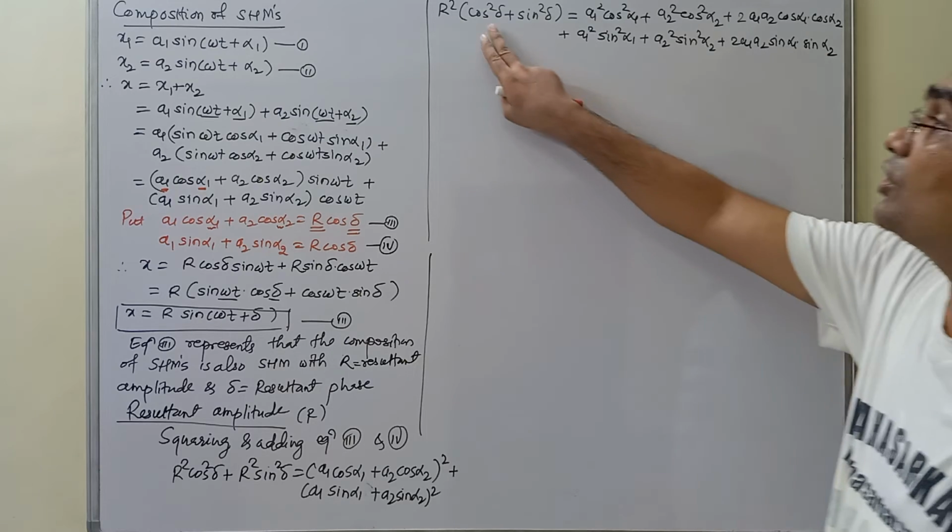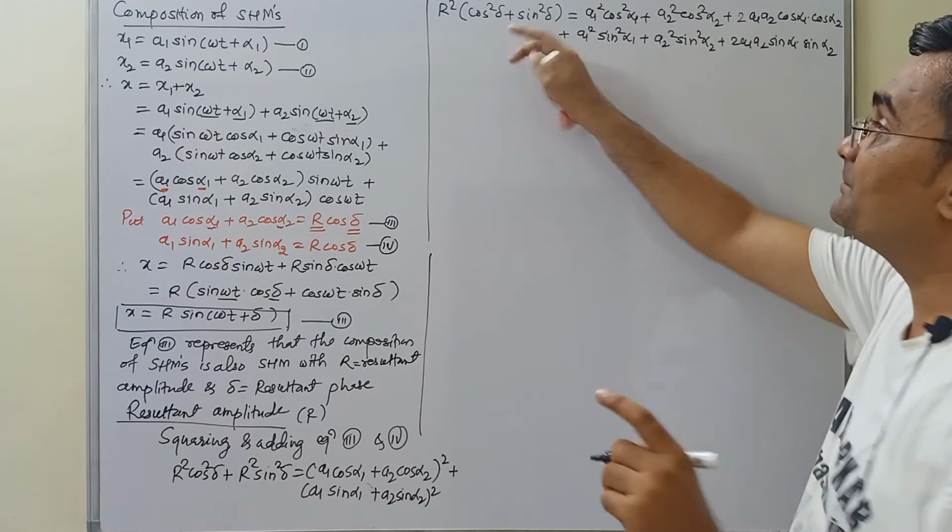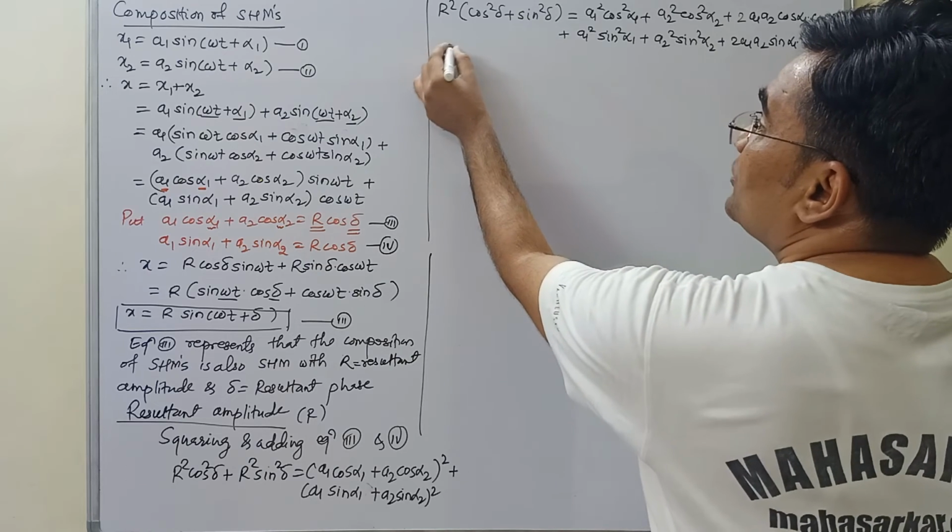Cos square theta plus sin square theta is always 1, so it will be R square only.